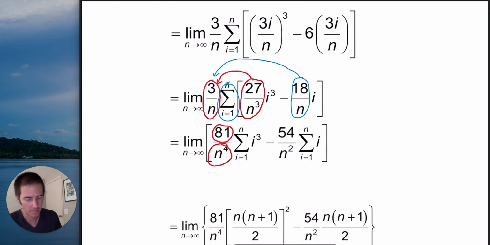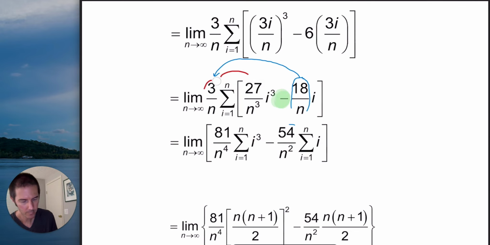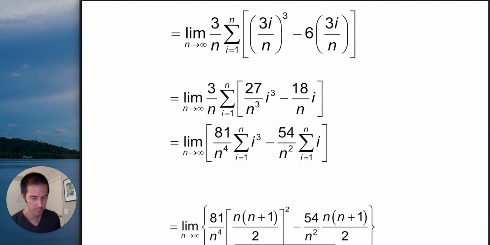And 18 times 3 is 54, and n times n in the denominator makes n squared. And this minus sign is this minus sign. So we're distributing the sigma notation, and we're doing factoring twice, which ends up giving us this statement here.